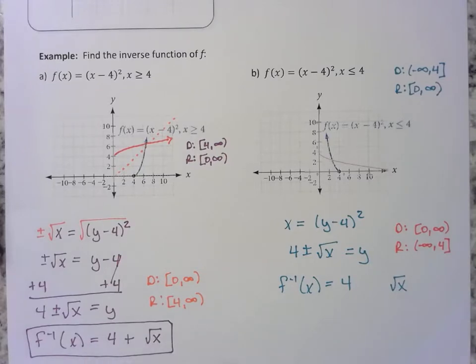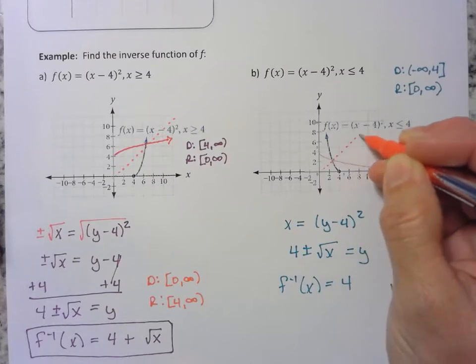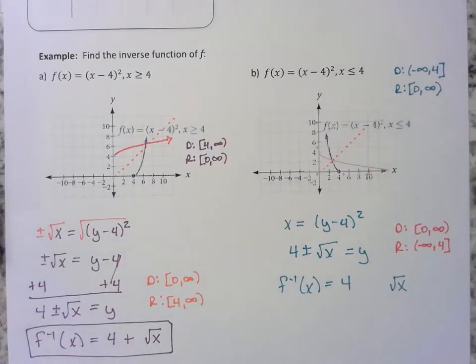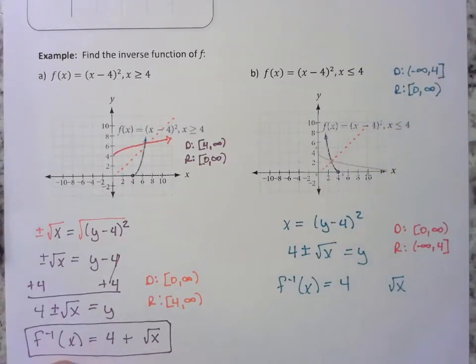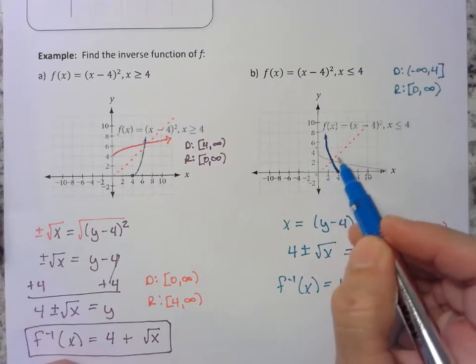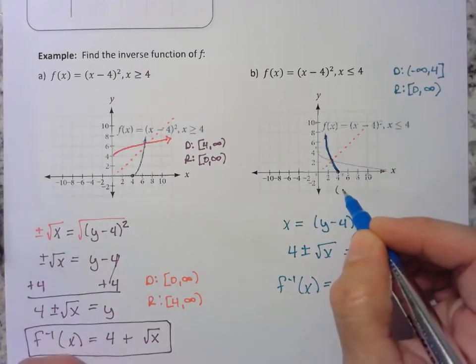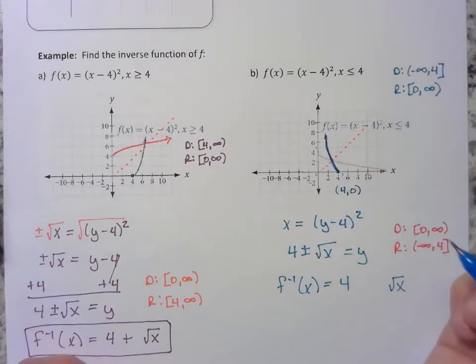Okay, so what's happening here? Well, we know we're reflecting this graph, this blue graph, over the line y equals x. We are reflecting this graph over this line. Isn't this the point 4, 0?